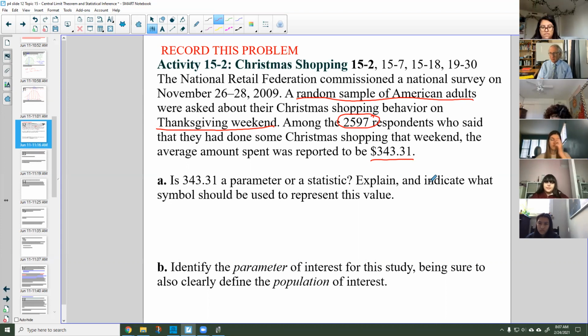Okay, so Kathy, is this 343.31 a parameter or a statistic? It's a statistic because it's based on the sample that they used. Because it's on the sample, it's a statistic, it's from the sample. So what do we use to indicate the statistic? What symbol do we use?